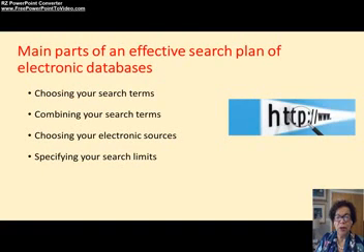You've spent time structuring your research question and now need to develop a search plan to cover all the relevant literature. There are 4 main steps for this stage: choosing your search terms, combining those terms, and choosing which electronic sources you will include.